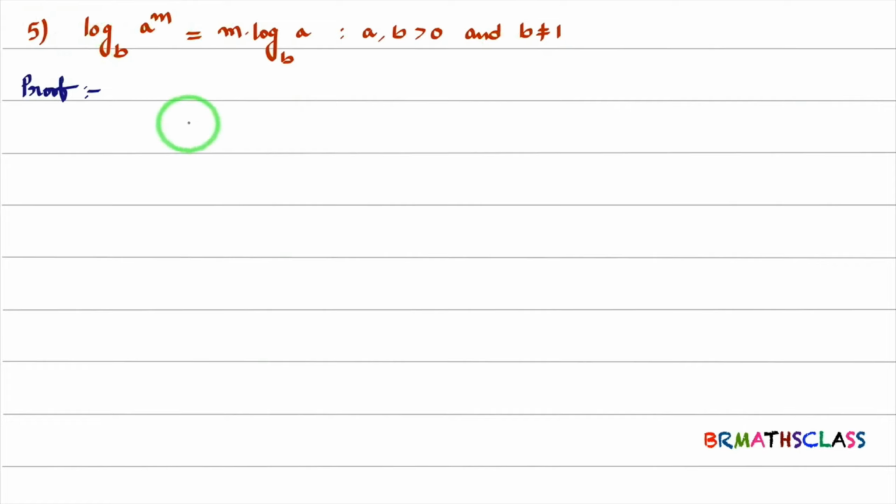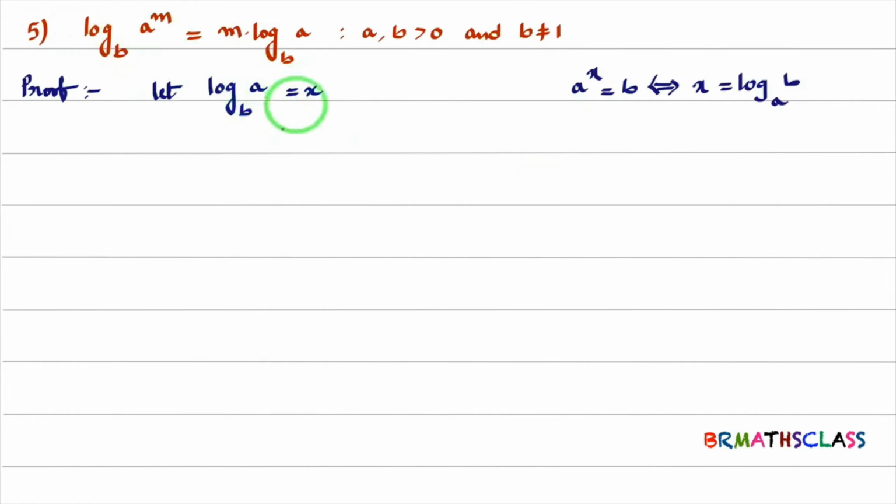To prove this result, you take log a base b as x. How do we write this expression in exponent form? Base power this number equal to a. This is what we learned from the beginning of the chapter. b power x equal to a. Now, to get this result, I'll take whole power m on both sides.